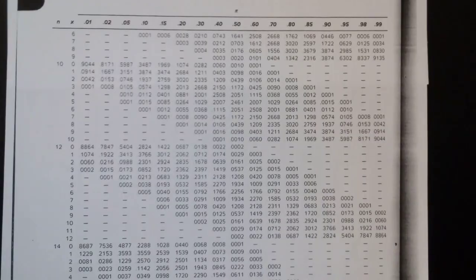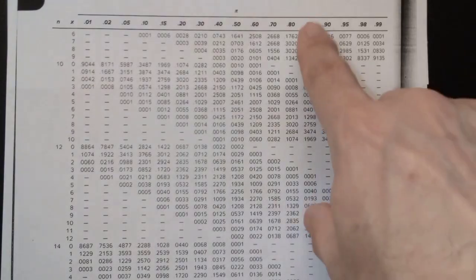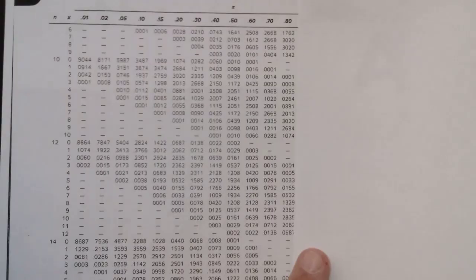I turn the page. There's 12 trials right there. Please notice, for some reason, the textbook skips 11. I don't know why they did that. The chance of success was 80%, yes? There's 80%. That's the column I want.